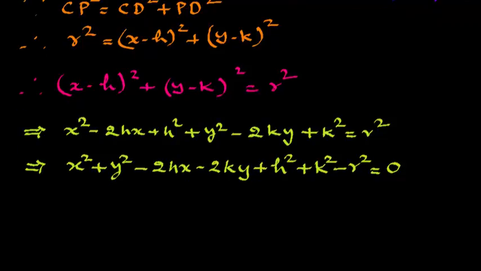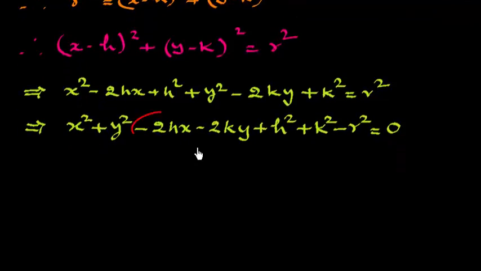Look here, there are two terms which are negative: one is minus 2hx, another is minus 2ky. So instead of minus h, we substitute g, and instead of minus k, we substitute f.